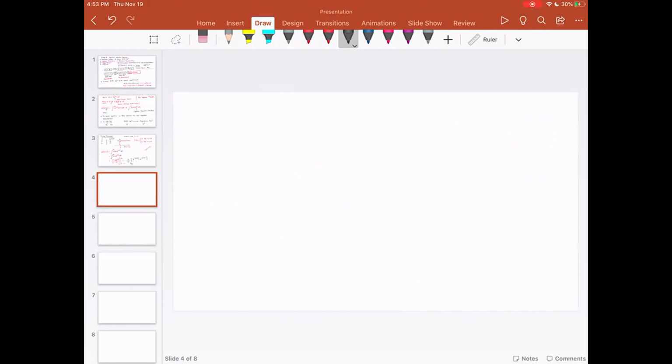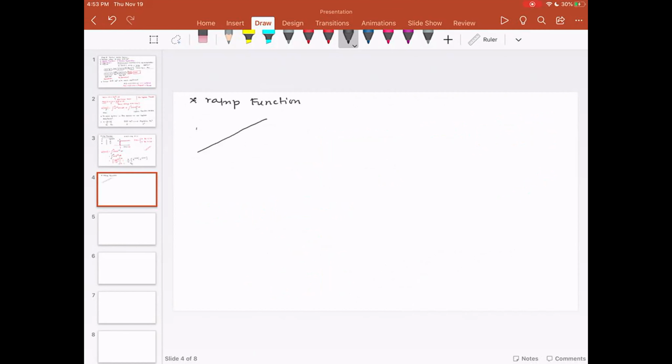The next function I want to talk about is called the ramp function. The ramp function is something similar to a ramp.